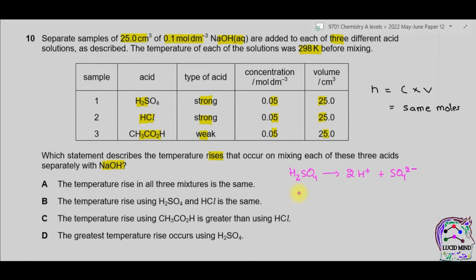While for HCl, if we have 1 mole of HCl, it can produce only 1 mole of H plus and 1 mole of Cl negative. And for ethanoic acid, as it is a weak acid, it will still produce H plus, but the concentration will be less as compared to HCl.